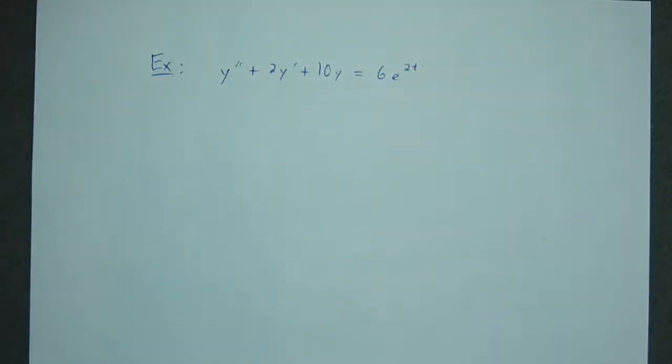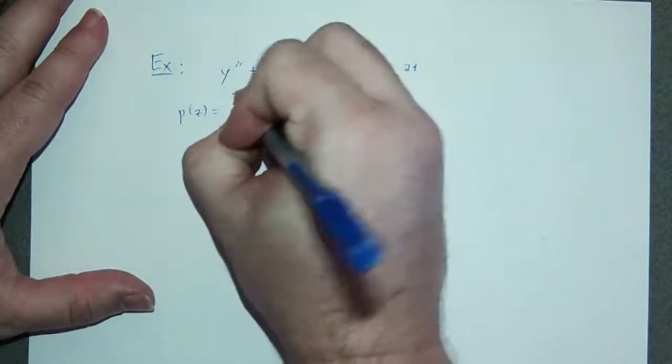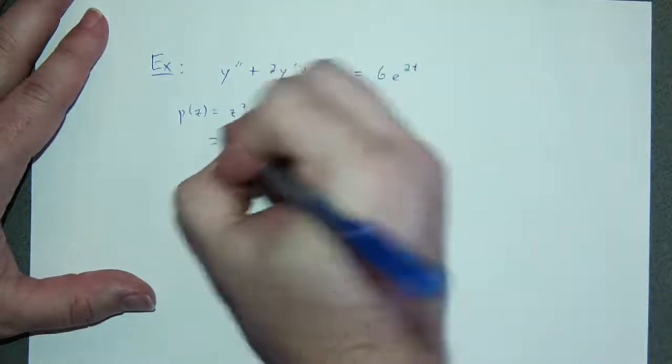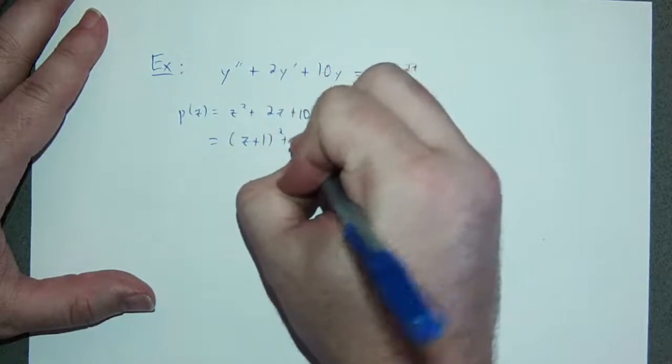This was something we did with undetermined coefficients. Let's see that we actually get the same thing when we do it with key identities. Okay, so my characteristic polynomial, of course, is z squared plus 2z plus 10. You must be probably sick of seeing this by now. So this is (z plus 1) squared plus 3 squared.